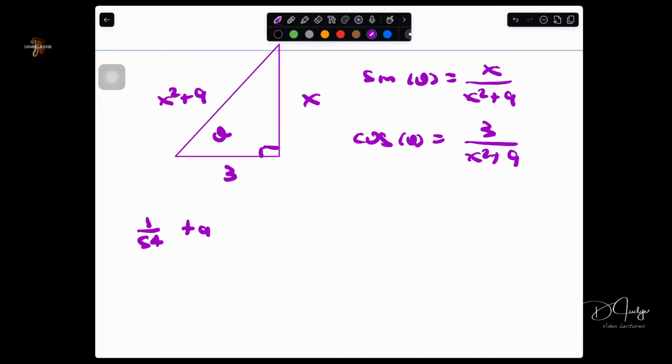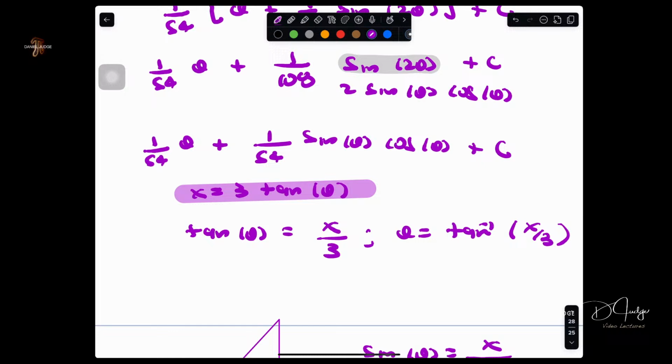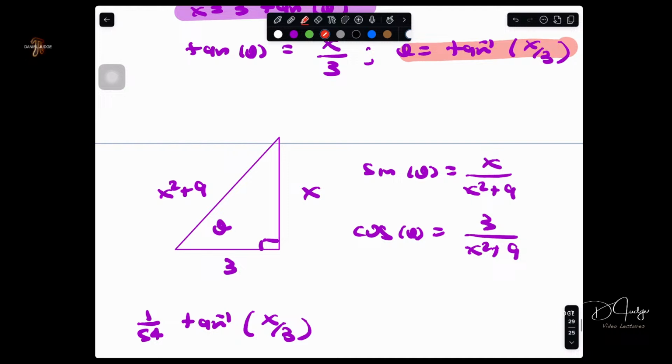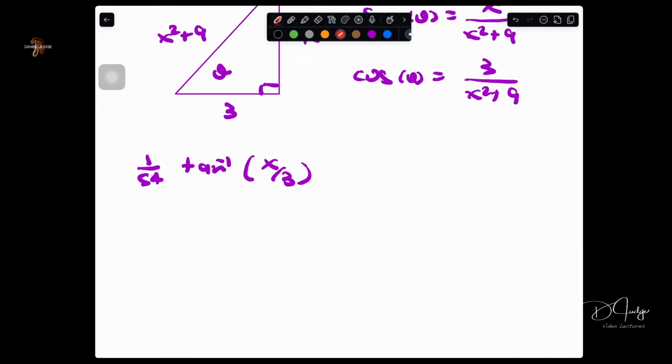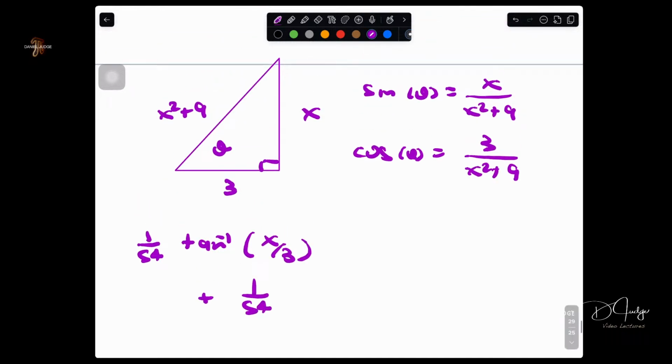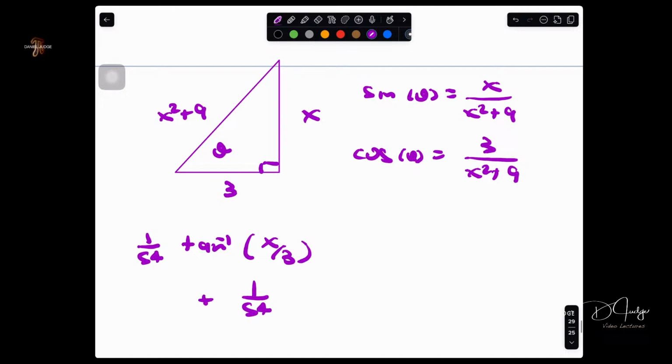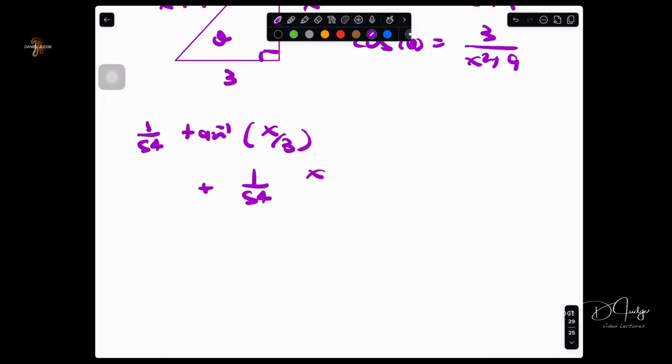1 over 54 inverse tangent x over 3, because that's what theta is. We found that out right here. It's our theta. Plus 1 over 54 sine theta, x over the square root of x squared plus 9, and cosine theta, 3 over the square root of x squared plus 9, plus c.